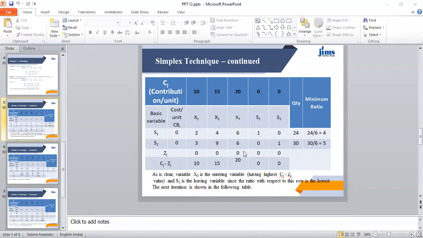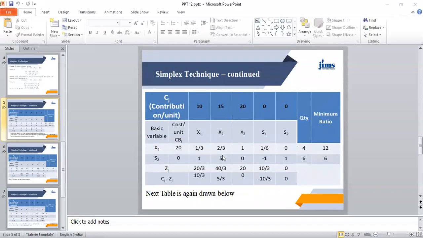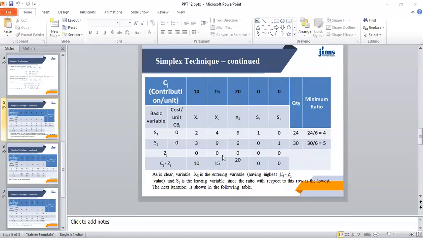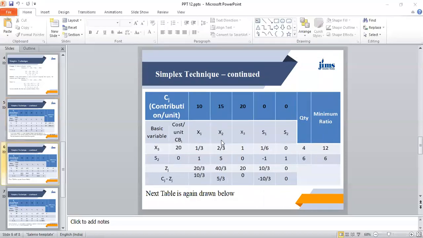Old value here is 3 minus the corresponding new value 2 into 9 divided by 4. So this comes to 1. This becomes 5. This becomes minus 1. This becomes 1. This becomes 6. So this is the value.